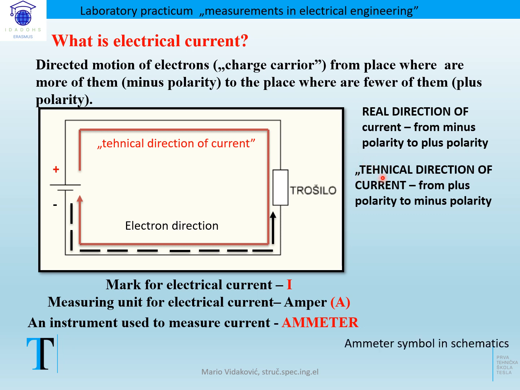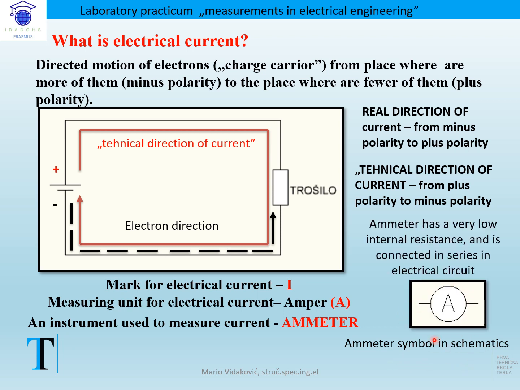The symbol of the ampermeter in schematics is like this one, and it's very important to know that the ampermeter has a very low internal resistance, and it's connected in series in the electrical circuit because it must let most of the current through it, because we need the current to measure.